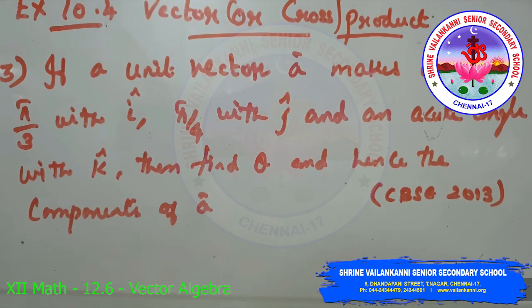Question number 3. If a unit vector A makes angles pi by 3 with i, pi by 4 with j, and an acute angle theta with k, then find theta and hence the components of A. Let the angles made by vector A with i, j and k be, we take it as alpha, beta and gamma.